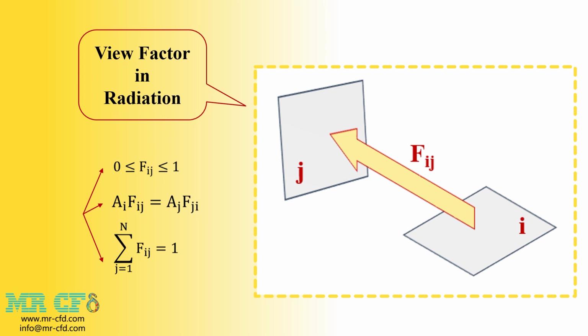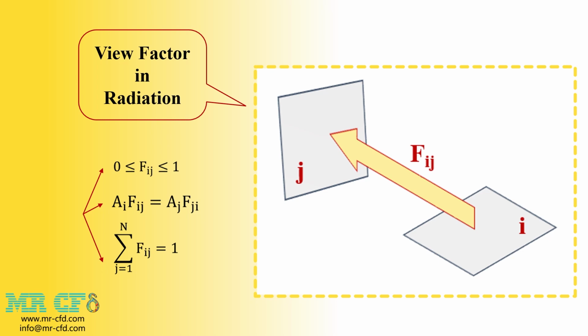For example, for the present figure, if Fij is equal to 1, it means that surface J is completely covered by surface I, whereas if Fij is equal to 0, it means that two surfaces don't see each other at all. In addition, we have two important laws in the subject of view factors.